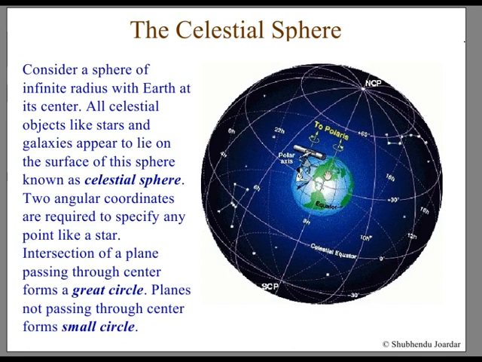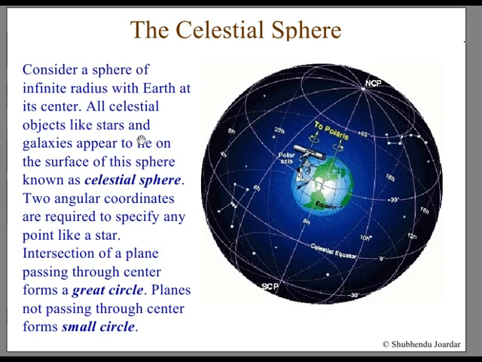And the Earth rotates along this axis, and so you will see that the stars are going from east to west direction. As the Earth moves from west to east direction, you can see the celestial sphere to be moving in the opposite direction.